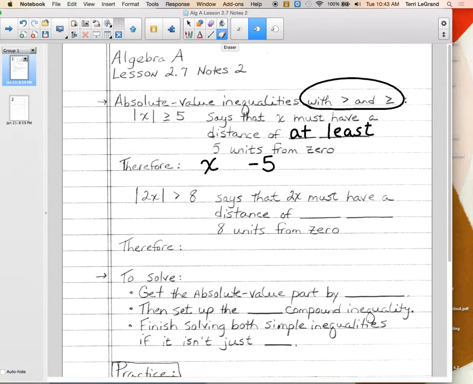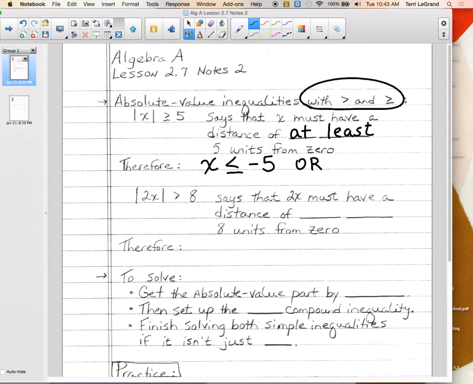So we can't be confused just because it started with an is greater than or equal to. We're saying x has to be either negative 5 or something smaller than negative 5, because those are the numbers that are at least 5 units of distance away from 0. Or, what are the other numbers that are at least 5 units of distance away from 0? What's the other part of this compound inequality I could write?